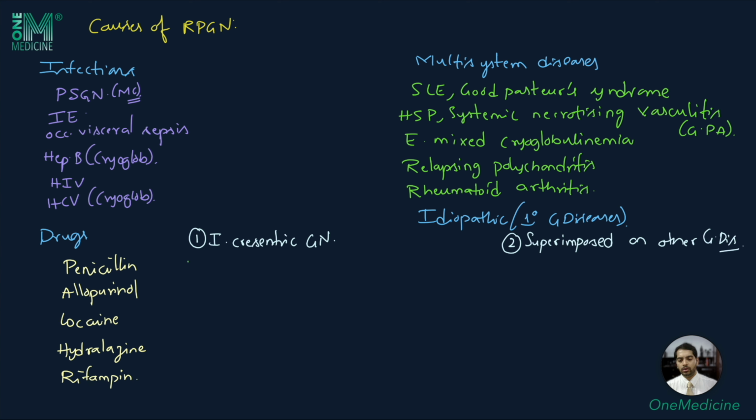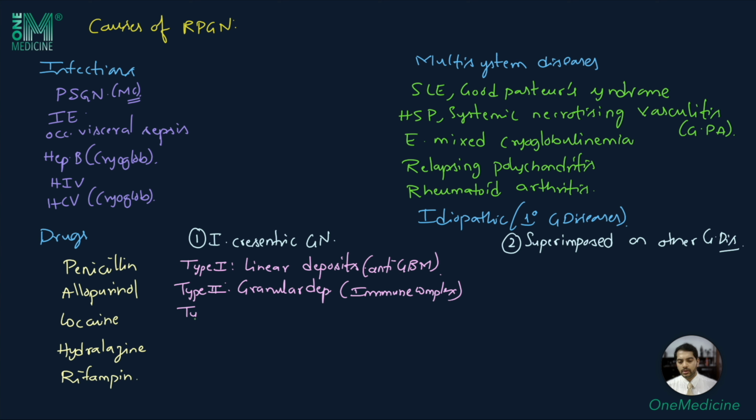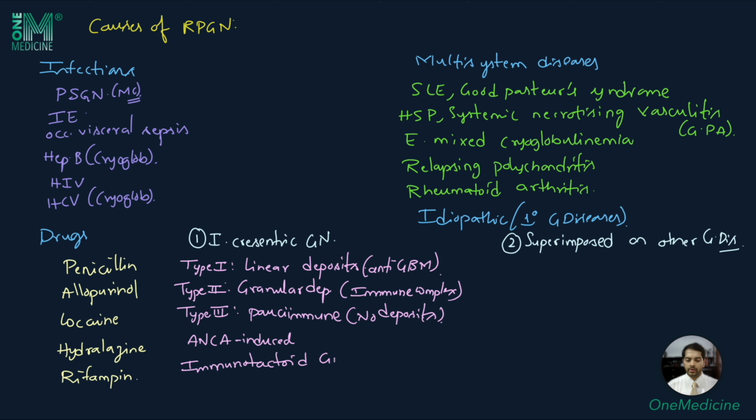Causes of idiopathic crescentic glomerulonephritis include type 1 with linear deposits, which are mediated by anti-GBM antibodies, type 2 with granular deposits mediated by immune complex, type 3 that is quasi-immune with no deposits, anti-neutrophilic cytoplasmic antibody induced, immunotactoid glomerulonephritis, and even fibrillary glomerulonephritis.